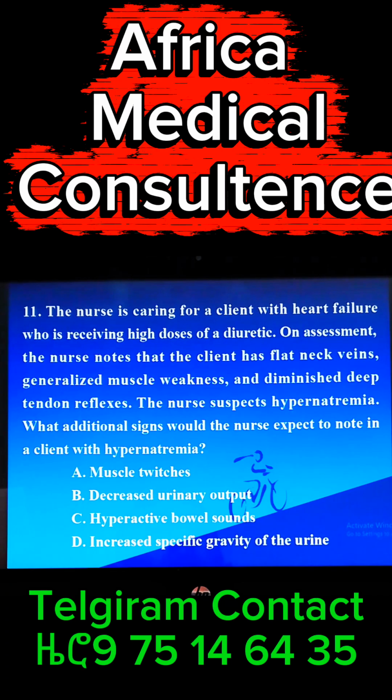Which additional sign would the nurse expect to note in the client with hypernatremia? A. Muscle twisting. B. Decreased urinary output. C. Hyperactive bowel sound. D. Increased specific gravity of urine. The correct answer for question number 11 is C. Hyperactive bowel sound.